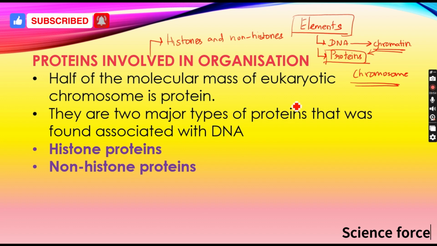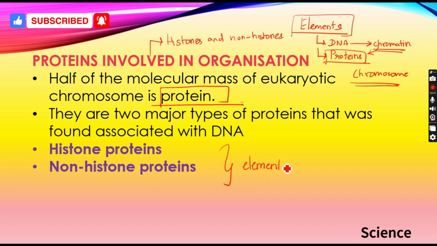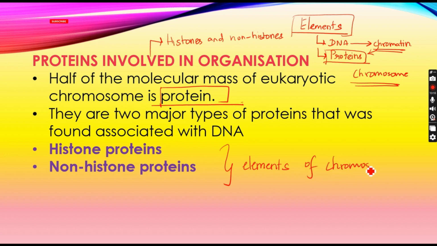In general, half of the molecular mass of eukaryotic chromosomes is made up of proteins, and especially these histone proteins are present in increased amounts in eukaryotic chromosomes. As we said, there are two types of chromosomal proteins. These are elements of the chromosome.